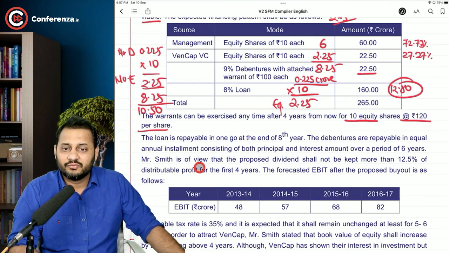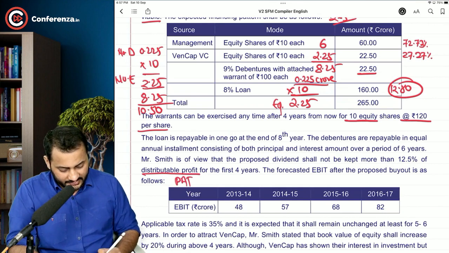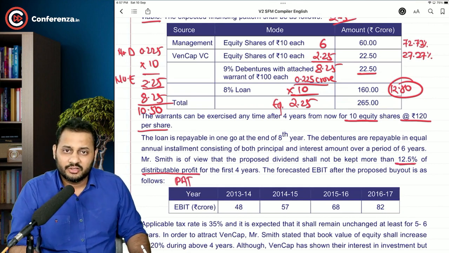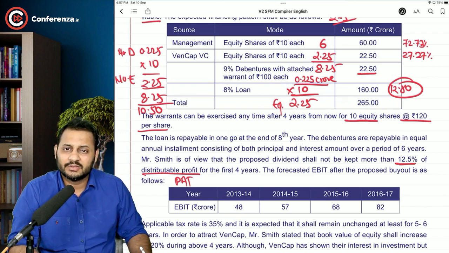Mr. Smith is of the view that the proposed dividend shall not be kept more than 12.5% of distributable profit. Whatever is the profit after tax, 12.5% of that distributable profit, whatever is the distributable profit for the first 4 years, we are going to distribute maximum 12.5% of that as a dividend.